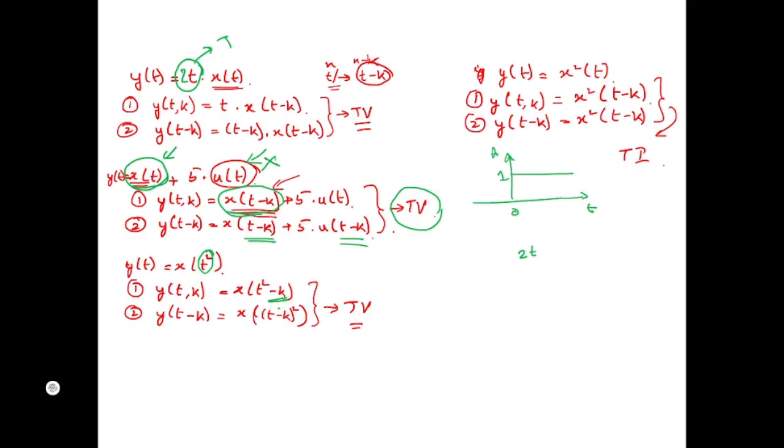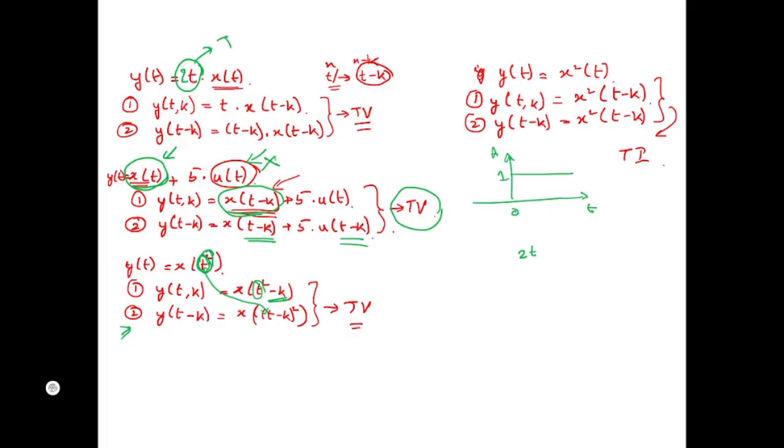Okay. On the other hand, in the next step, when you are replacing t with t minus k, this t is being replaced. So we get t minus k whole square. You getting my point? Is it clear? You have to look into the independent variable. The independent variable is delayed. If it is t cube, it would have been t cube minus k. If it would have been 2t, it would have been 2t minus k, in the first step.